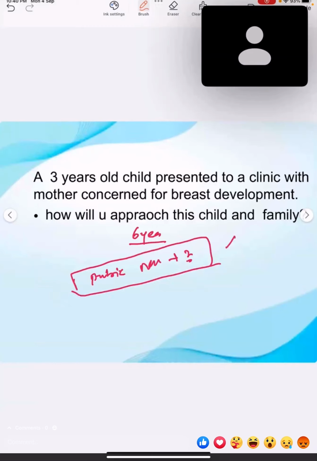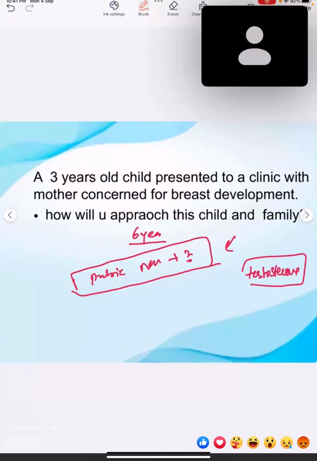Is this isosexual or heterosexual? Pubic hair formation is the function of which hormone? Androgens. So testosterone is elevated.